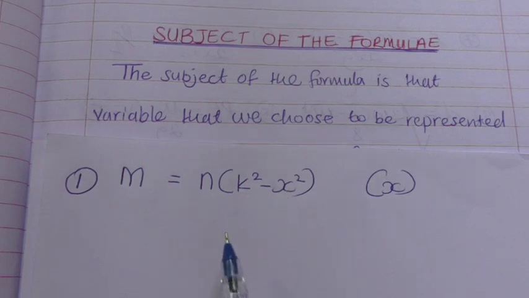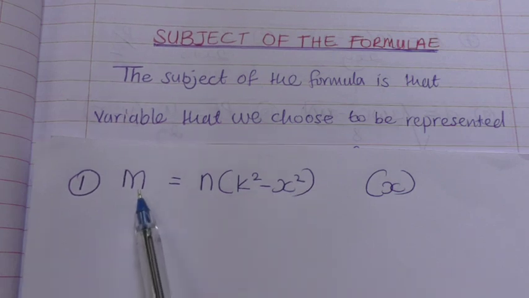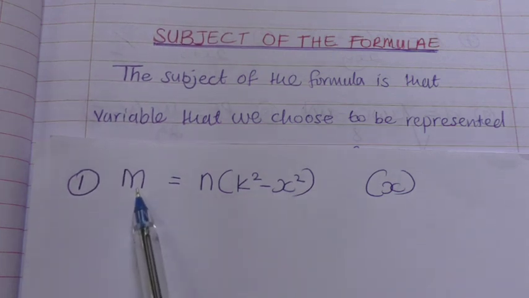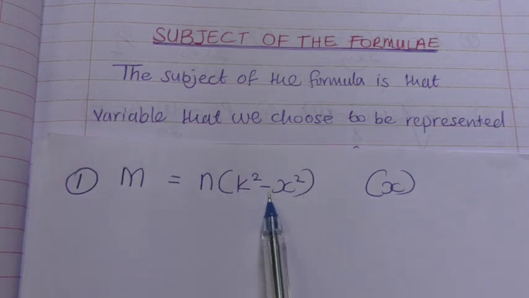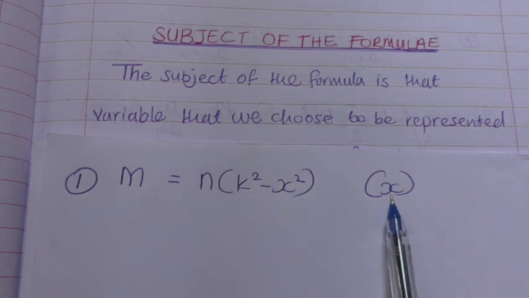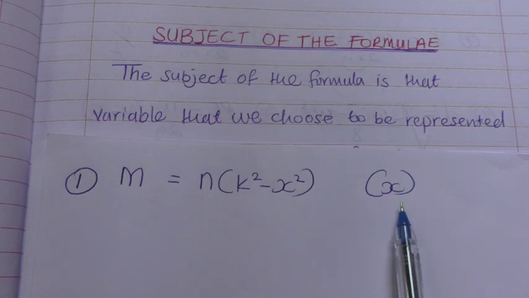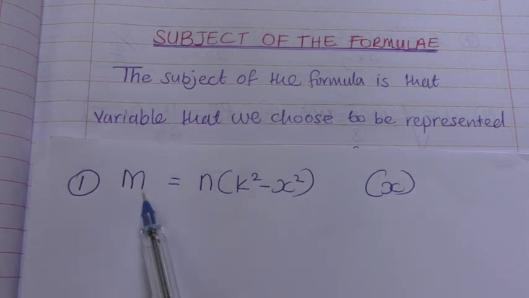That means that in this formula, m is the subject because it is expressed in terms of others, or it is represented by other terms of the equation. So we are to make x the subject, which means that x will appear alone on one side of the equation, just like m is.